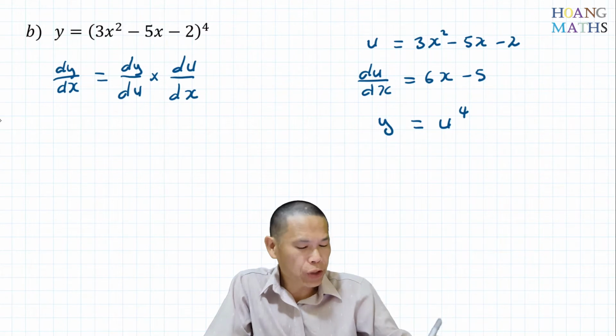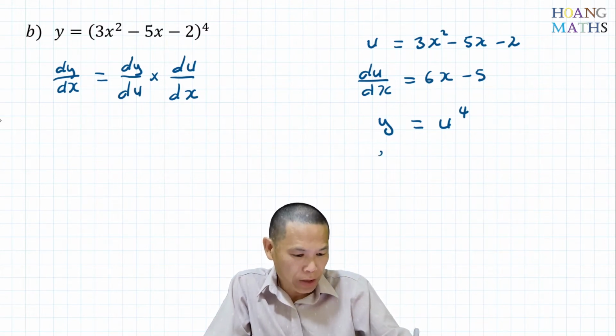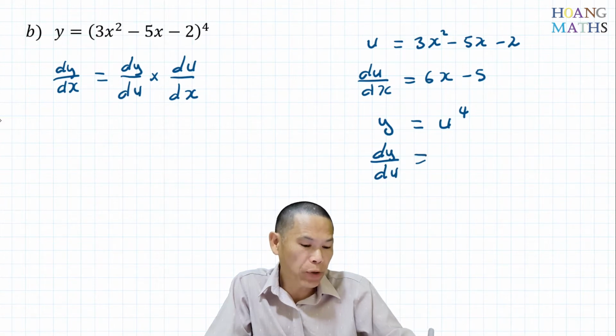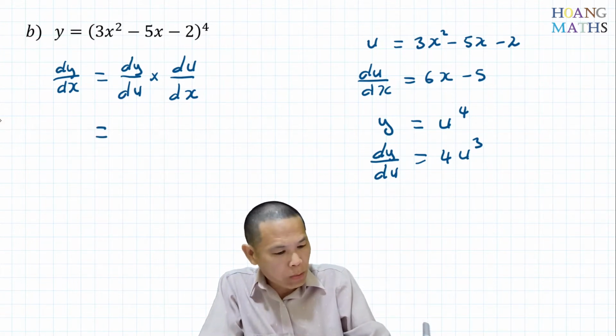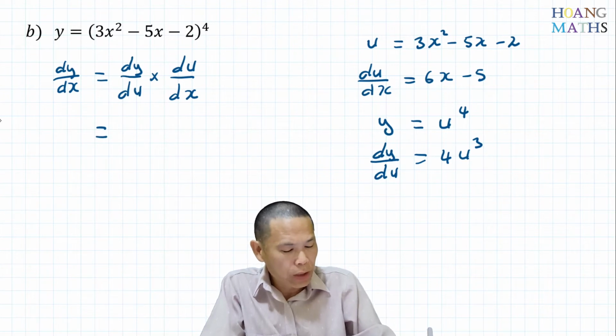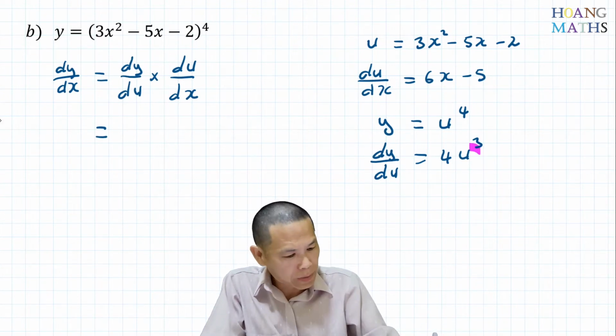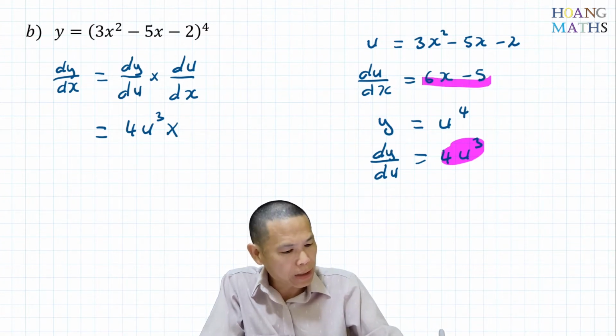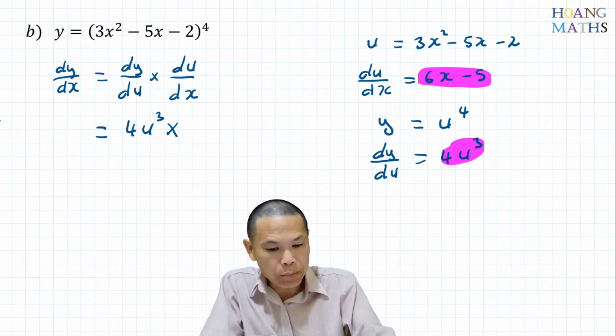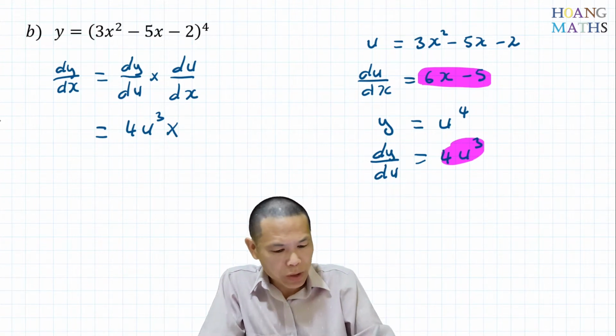And now I just differentiate y with respect to u. So dy/du is equal to 4, bring it down, and the power becomes 3. There you go. Now I just substitute into these formulas here. So dy/du is this, therefore we have 4u to the power 3, and we times du/dx. This is du/dx, and because it's more than one term, we need to bracket it.